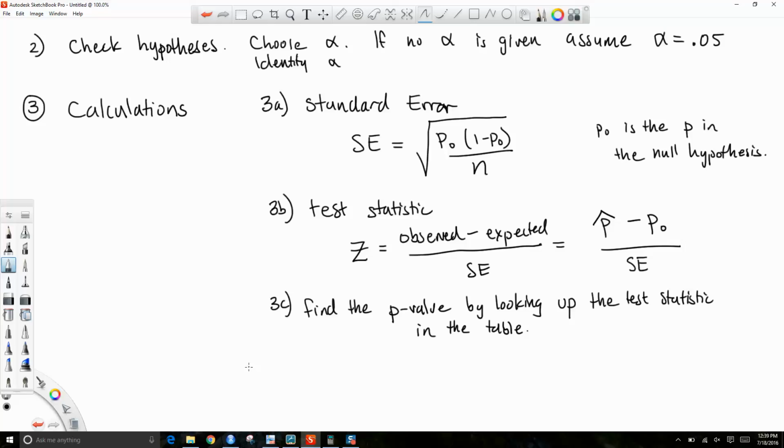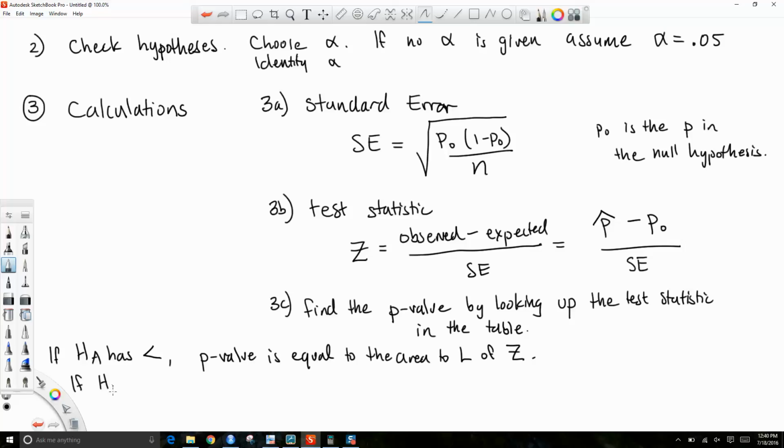And so there's a few things. Okay, so this all depends on the alternative. So if the alternative has a less than sign, your p-value is equal to the area to the left of z.